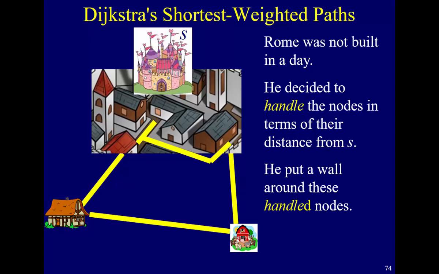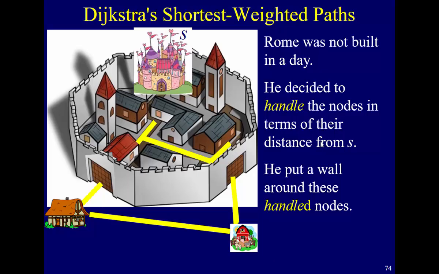In fact, we're going to assume every node's found, but there's those nodes which have been handled, right? And we're going to put a wall around the handled nodes. All right? So here, this is our loop invariant, is that the castle's in the middle, and some of the nodes have been considered to be found.